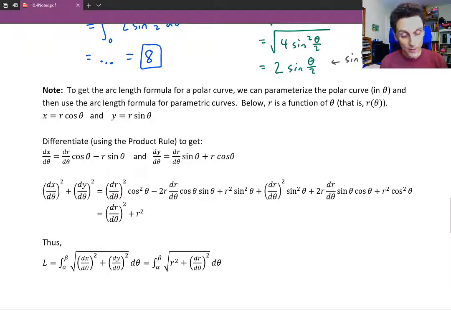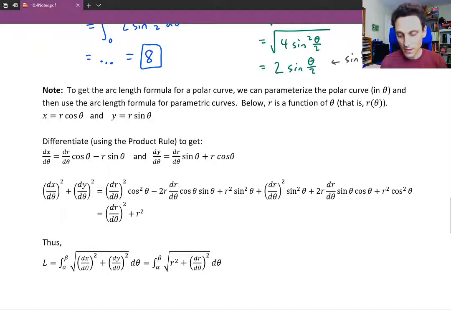So we can parameterize the polar curve by using x equals r cosine theta and y equals r sine theta, where r is a function of theta. We did the same thing in the last section where we were trying to figure out the slope of the tangent line of a polar curve, and we used the parameterization to help us out.